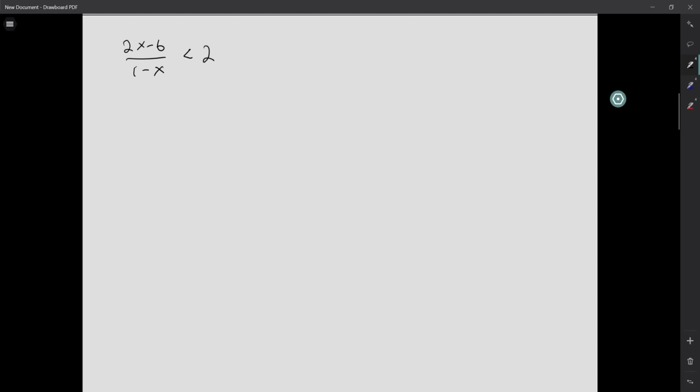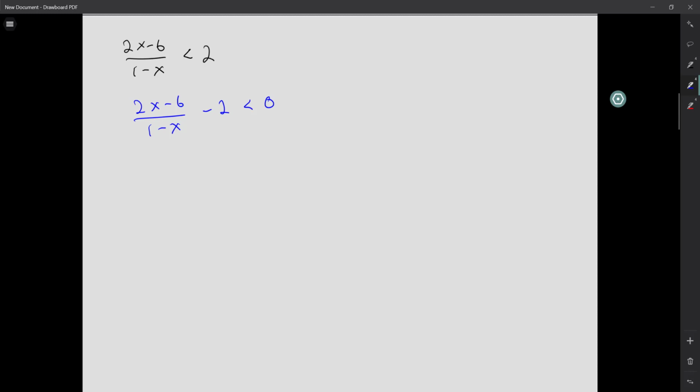Now there's a good way and a less good way to do this. The good way is to simply move the 2 to the opposite side. So I've got minus 2 less than 0.